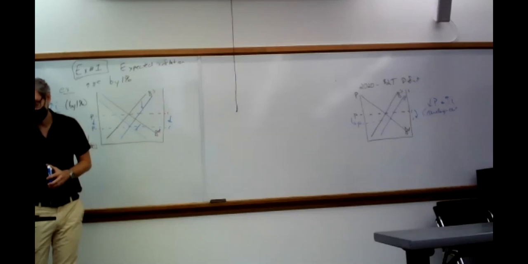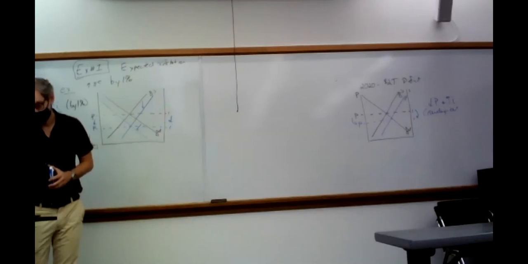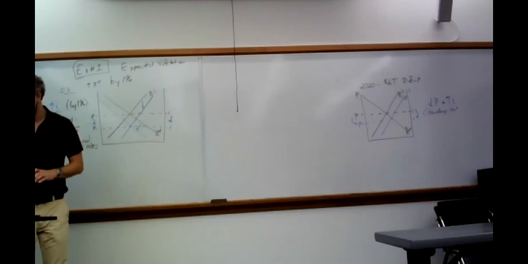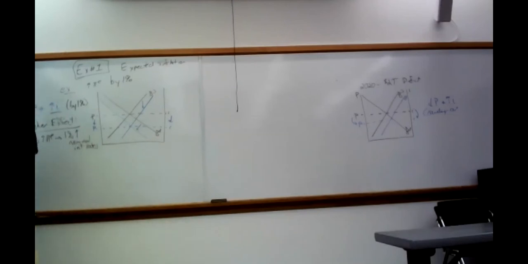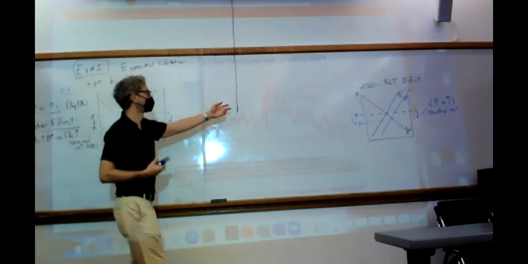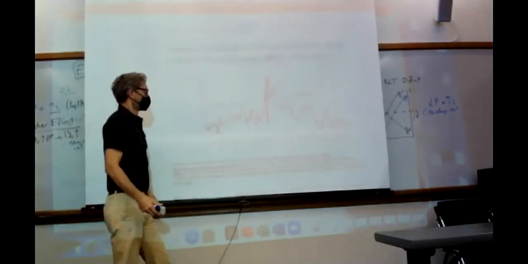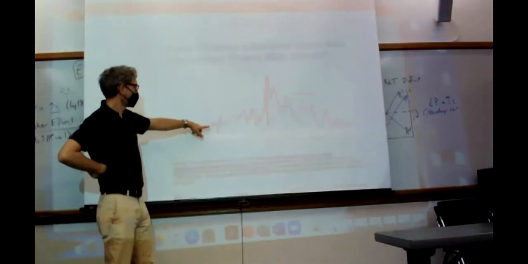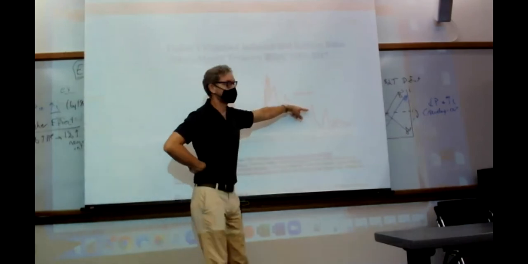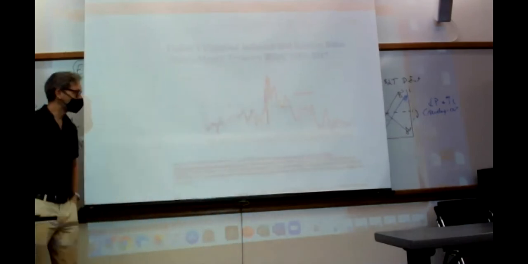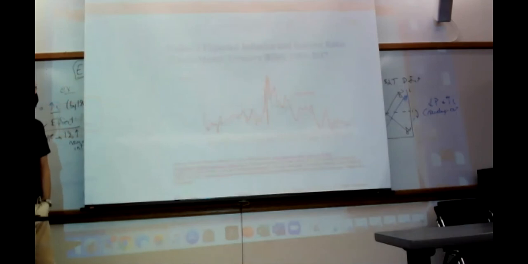Do we observe this? Well, yes, but there's a caveat, and there always is in economics, right? Okay. The red line is the nominal interest rate, and the blue line here is expected inflation.